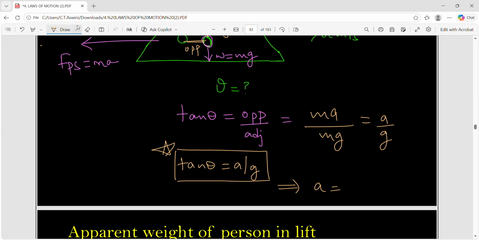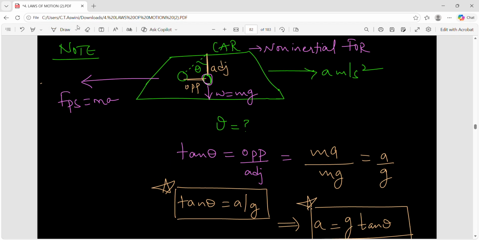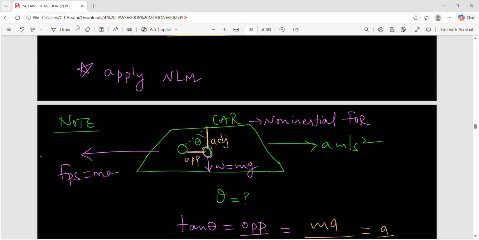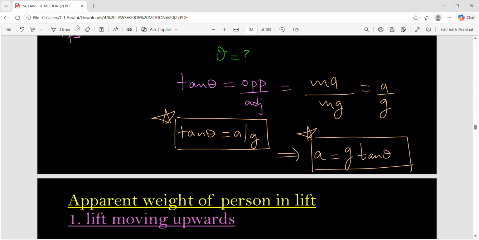How do you find the acceleration of the car? It's nothing but g into tan theta. a is g tan theta. Clear? So pseudo force is actually important when you deal with a non-inertial frame of reference.